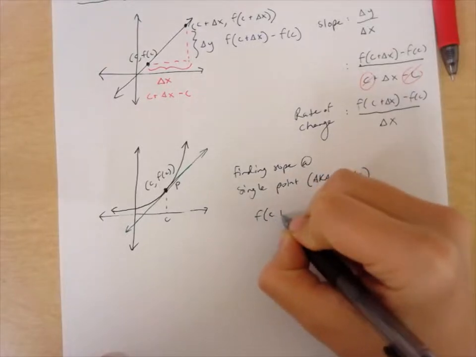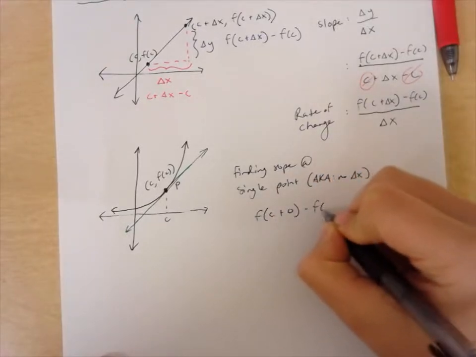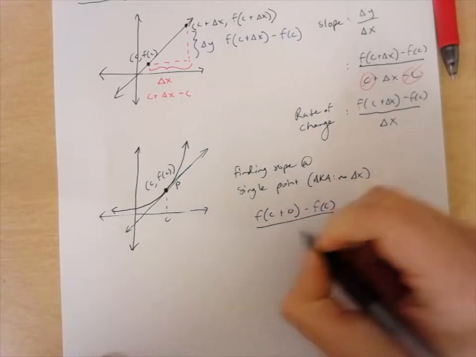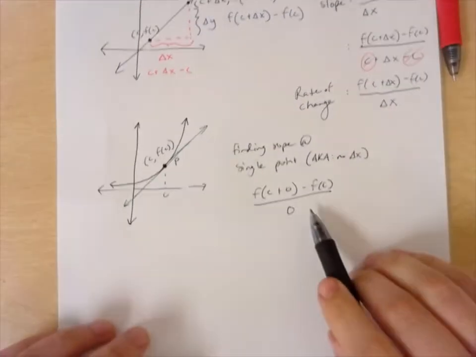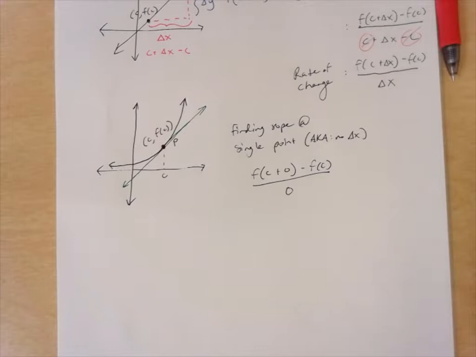We'd have f of c plus 0 minus f of c all over 0. And we can see very clearly before we do anything else that this would become undefined, and this is not something that would be useful to us.